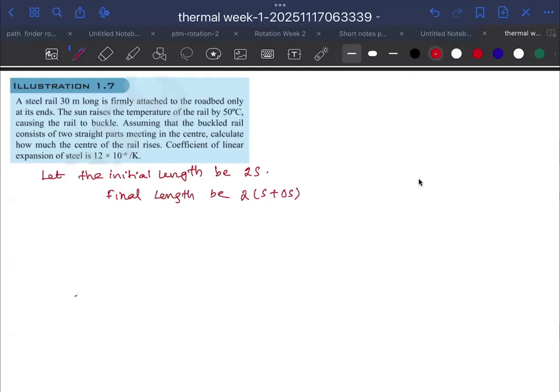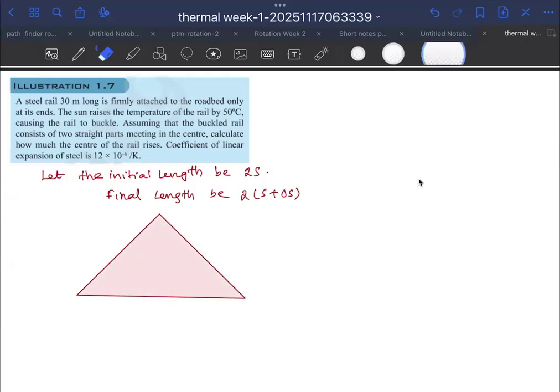Now what is happening over here is, this is the buckling point. Let the height be y. Earlier it was 2S. Because there is buckling, it took the shape like this.